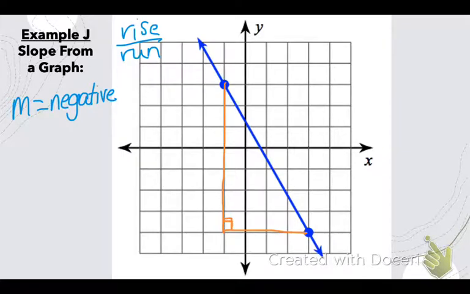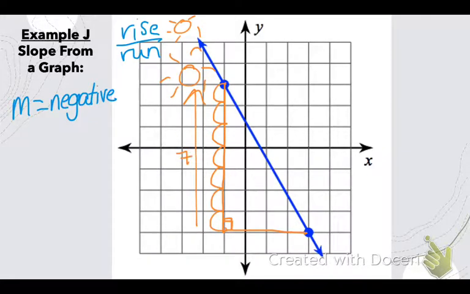Now, if I think about my rise, I rise up and down like the sun, and I'm going to count my boxes. So I have 1 box, 2, 3, 4, 5, 6, 7 boxes on my rise.